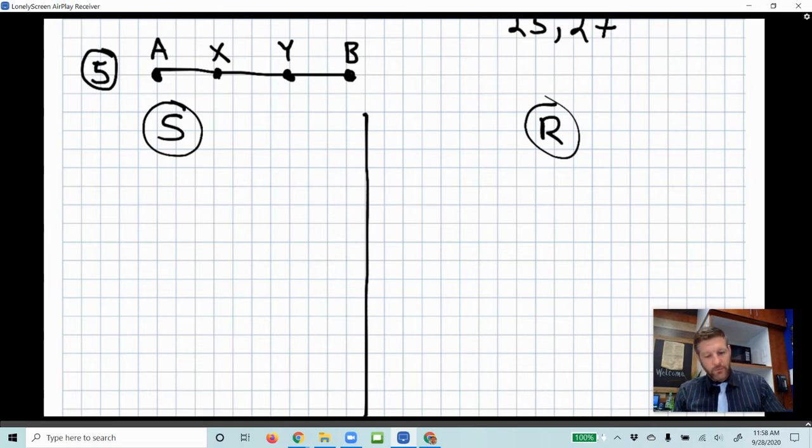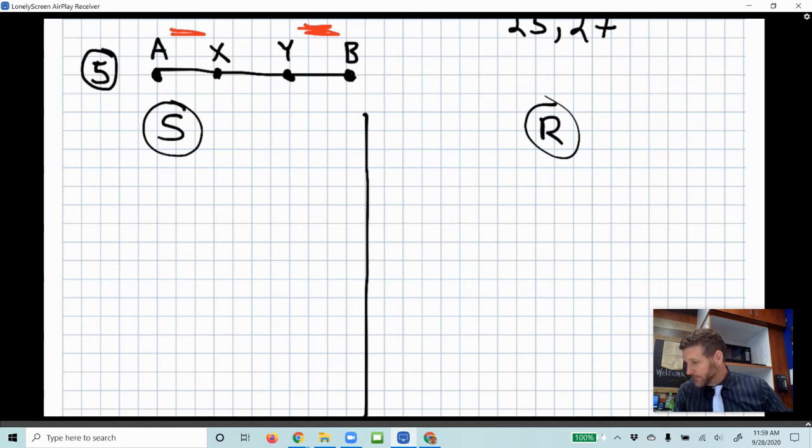We need to prove, basically, let's look at our drawing here. Actually, we need to prove that, what does it say? That AX is congruent to YB. And we would start with what they told us so far. They told us that X is the midpoint of AY and XB.